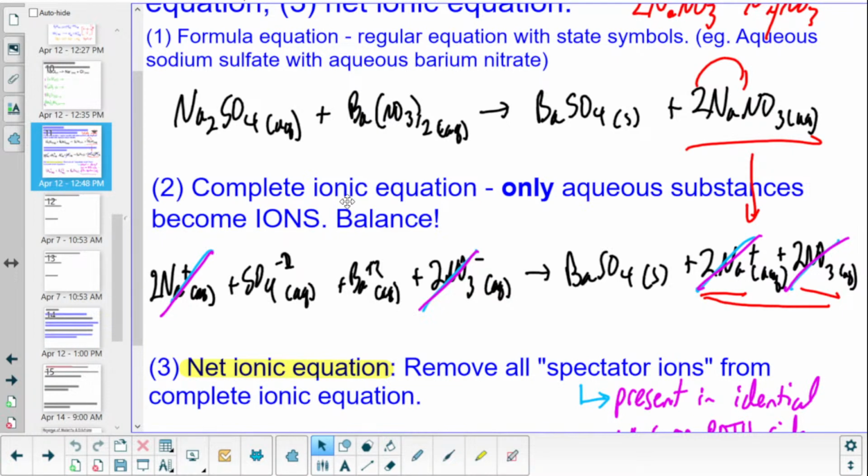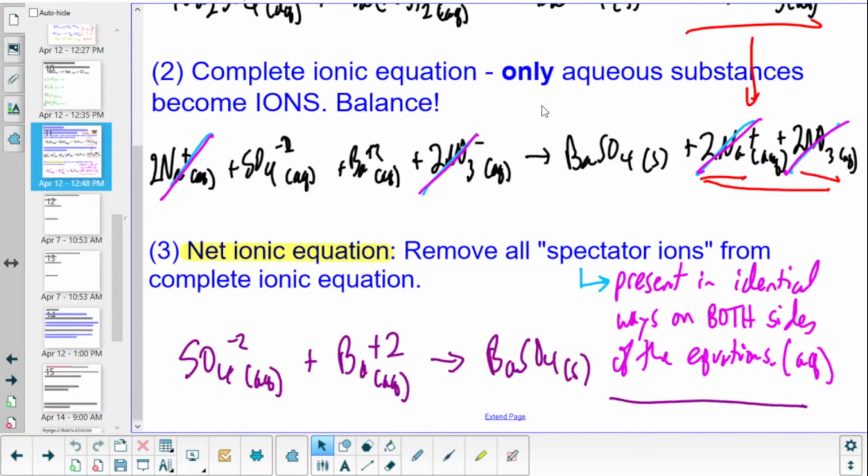Solids don't get separated. They stay. For the net ionic, you remove everything that's the same on both sides, and what you're left with is the net ionic. So first do the complete, then do the net.